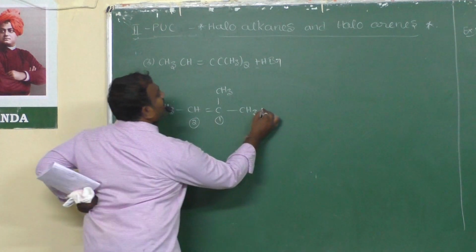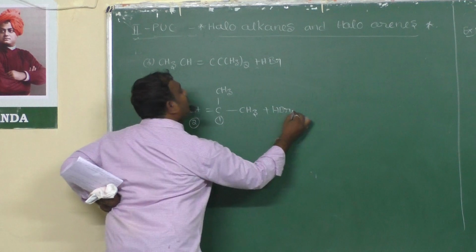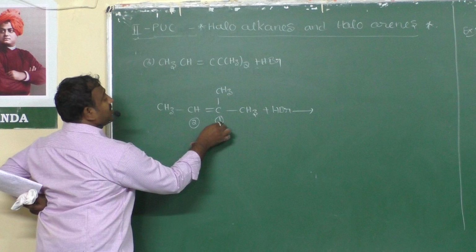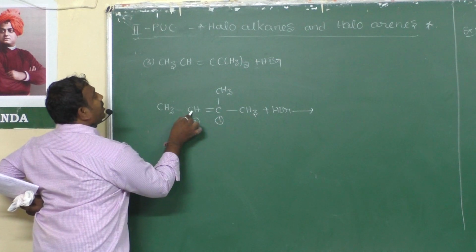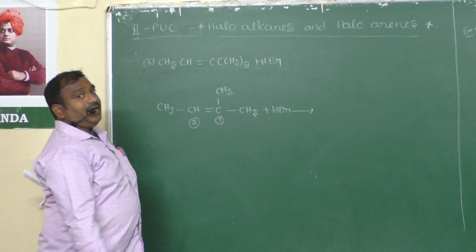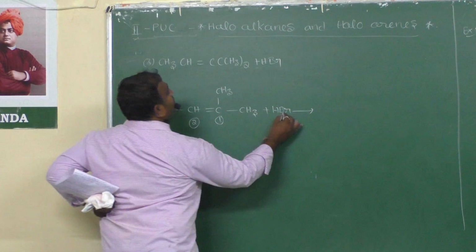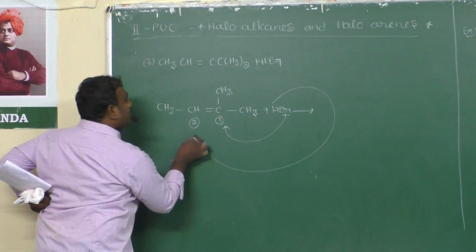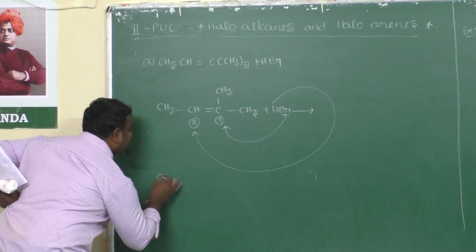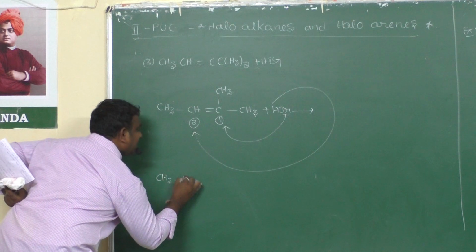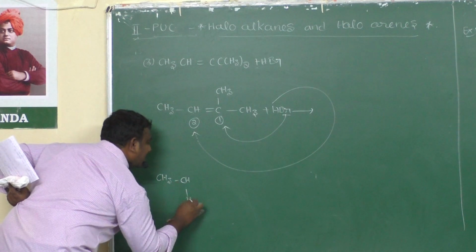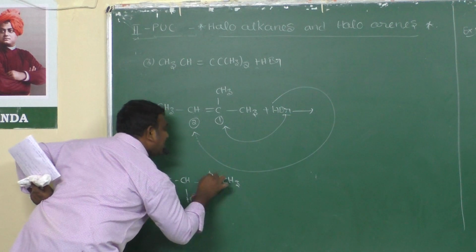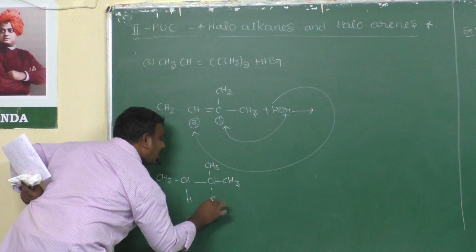Here, the first double bonded carbon possesses 1 hydrogen and the other possesses 0 hydrogens. So add the bromine atom to the carbon with no hydrogen and the hydrogen atom to the carbon with one hydrogen. So it can be written as CH3, CH2, CH3, CH3, Br.